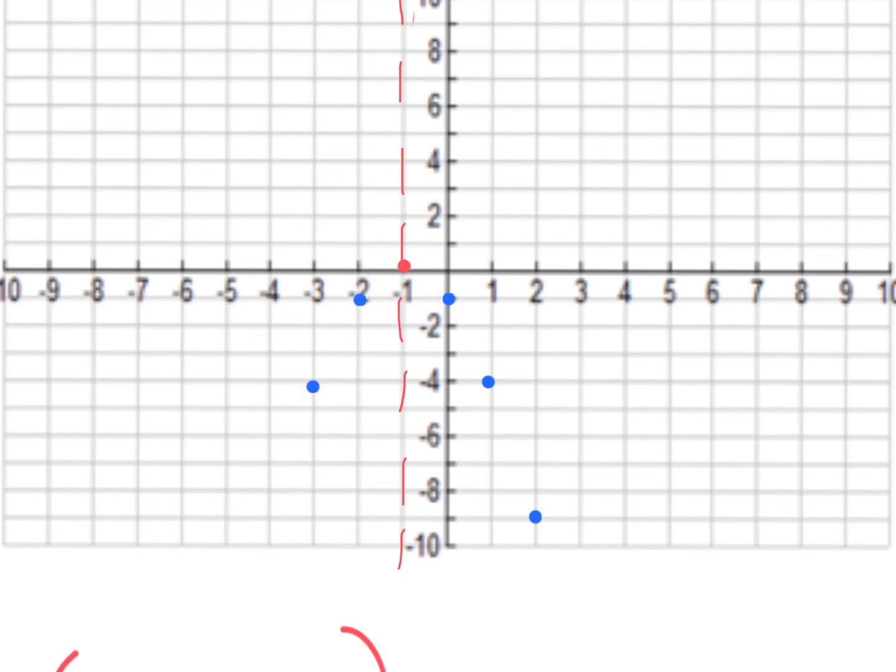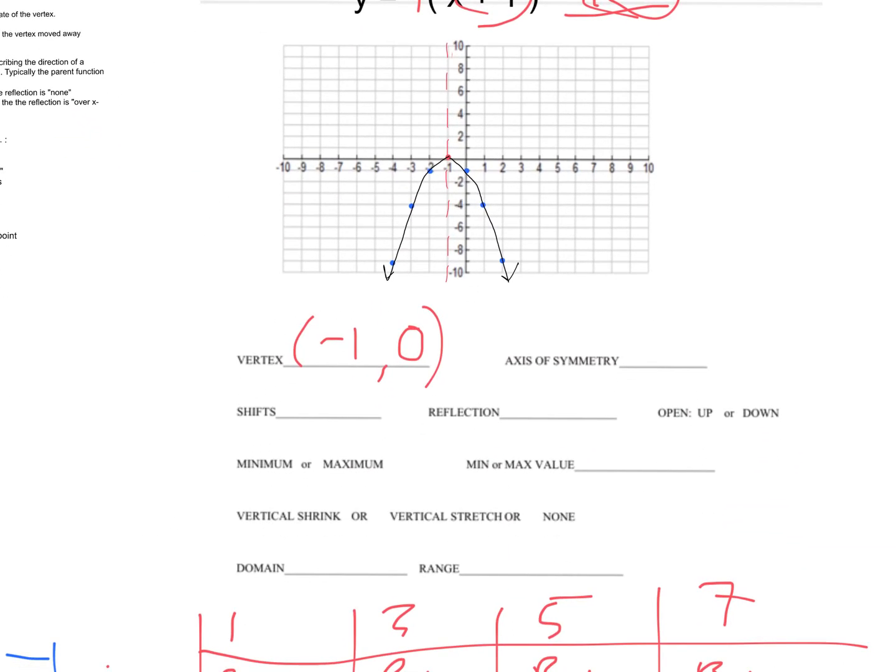Let's make that look a little better. 1, 2, 3, so 1, 2, 3. Like so. And we connect the dots. Alright, so now let's fill in the rest of this fun stuff.